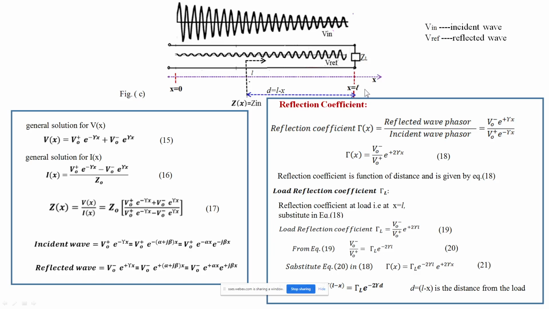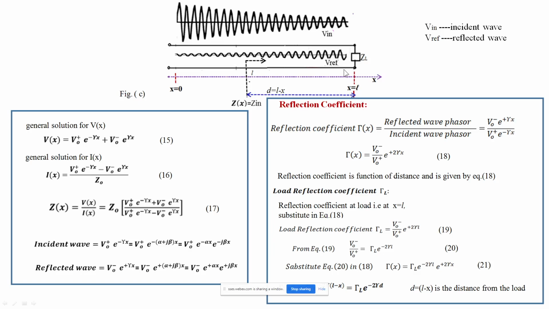At the load position, what is the reflection coefficient? Tau is a function of distance. If x is equal to L, what is the reflection coefficient?